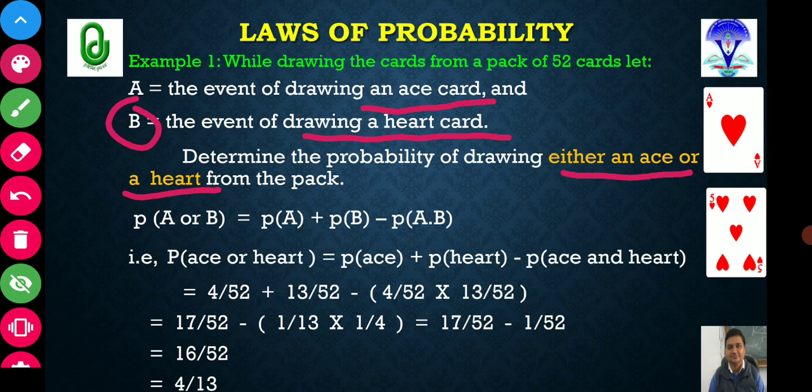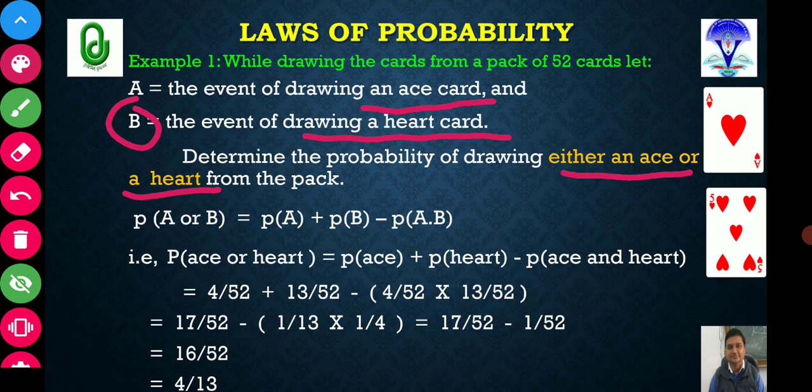There are 13 heart cards. So now 4 ace cards and 13 heart cards. But there will be one ace card of heart. That is why this event is mutually non-exclusive. Non-exclusive because ace and heart occur together.